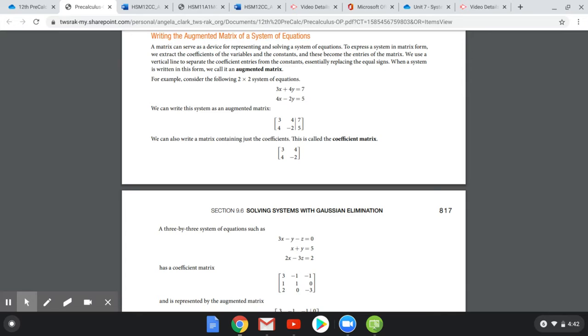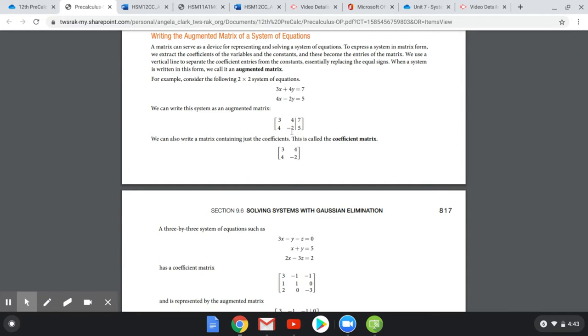But an augmented matrix for a system of equations, which is often the way it's used, but it's not the only way it's used, is where we're going to have a 2x2 matrix or 3x3, 4x4, basically a square matrix that's going to be the coefficient matrix. So you take the coefficients of the x's, and that's going to be your first column, and the coefficients of the y's, and that's going to be your second column.